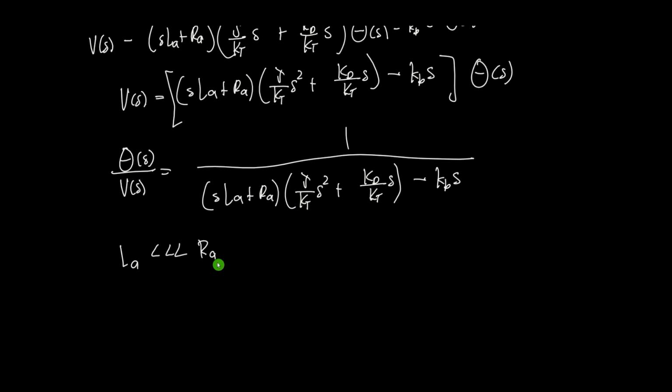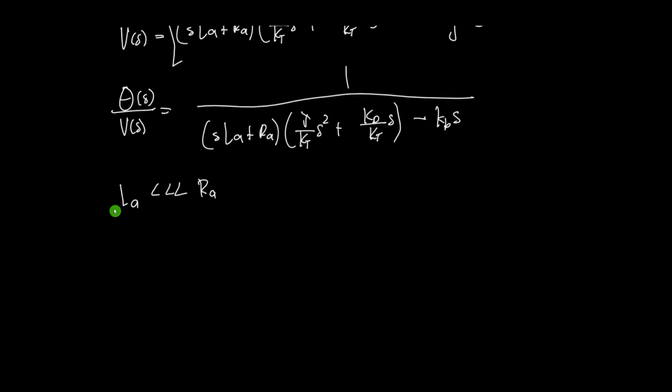So this is a very small value. So if we try to substitute the value for that here, we can just disregard this LA here, and we can just look at RA times this to simplify also our transfer function.